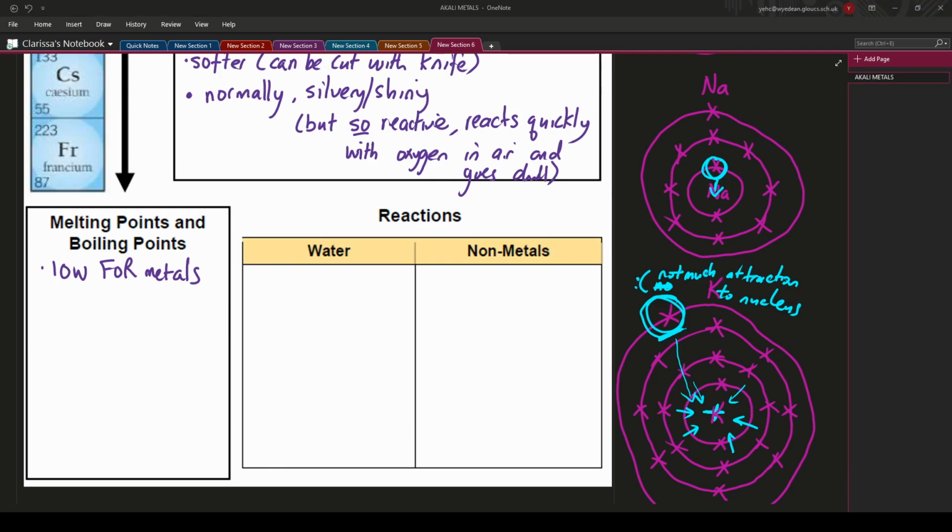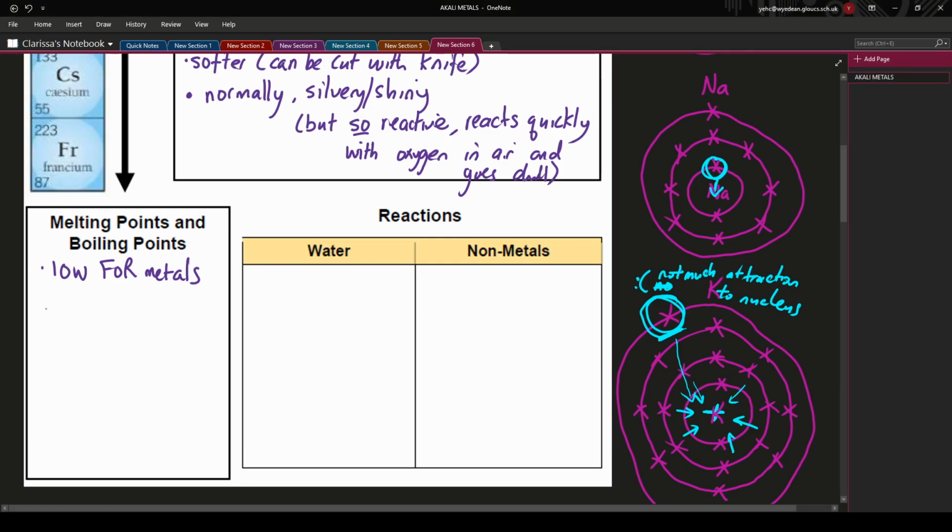So when compared to the other metals on the periodic table, it's still relatively low. And when you go down the group, it gets lower and lower. MP and BP decrease down the group.